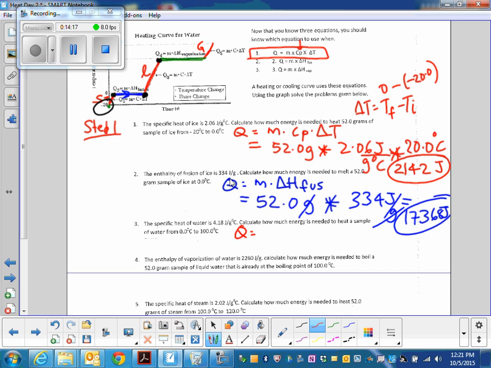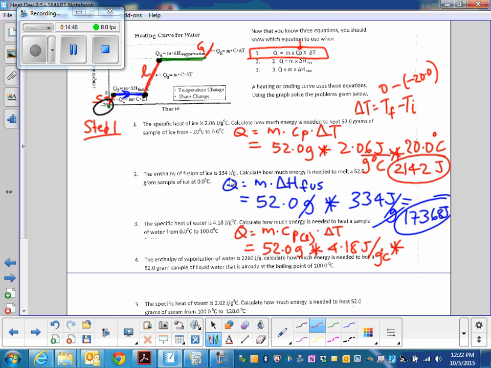Q equals m times Cp of what? Cp of the liquid times change in temperature. So the mass of the substance is 52.0 grams times the specific heat is given, 4.18 joules per gram degree Celsius, times, what is my final temperature? 100. What is my initial temperature? 0.